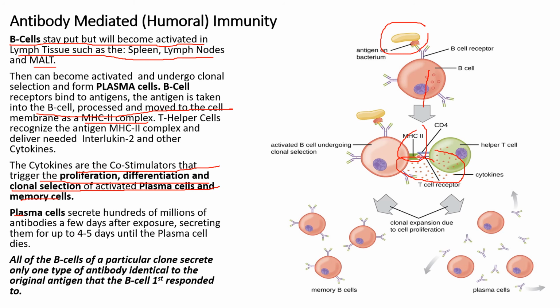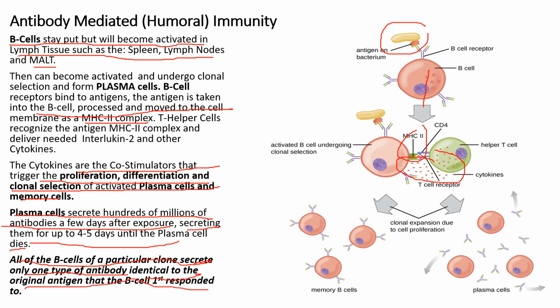Now, the plasma cells, like I said before, are the mature B cells, and they're going to secrete millions of antibodies a few days after exposure, secreting them up to 4 to 5 days until the plasma cell dies. All of the B cells of a particular clone secrete only one type of antibody. It's identical to the original antigen that the B cell first responded to.